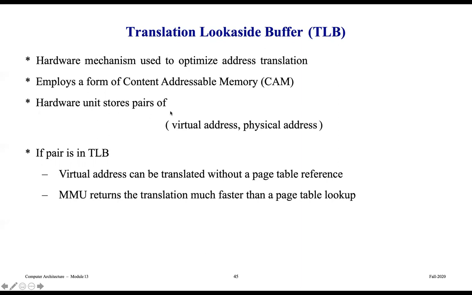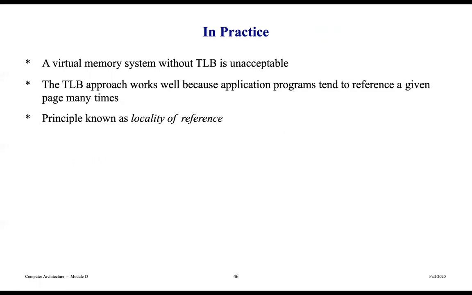The hardware unit stores pairs of the virtual memory and the physical memory. If a pair is in the TLB, the virtual address can be translated without a page table reference. The MMU returns a translation much faster than a page table lookup. So in practice, a virtual memory system without a TLB is unacceptable.